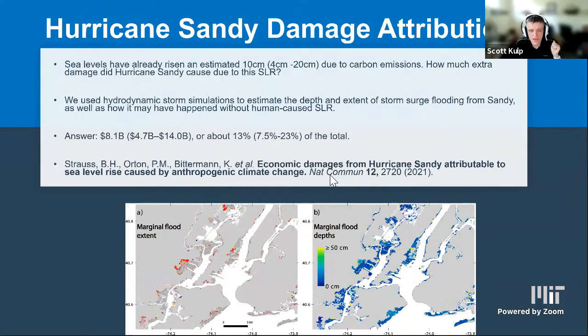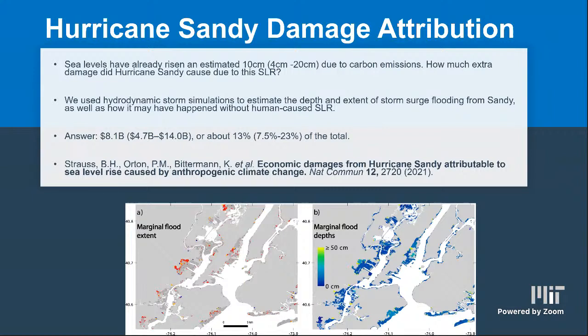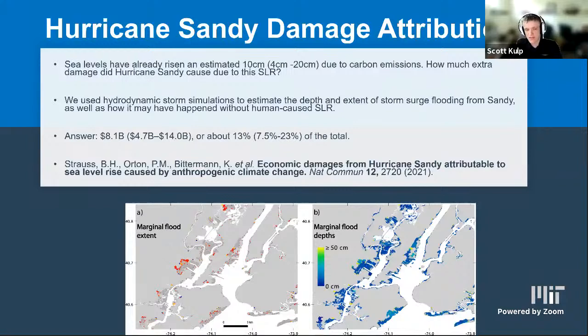Yeah, and just a quick touch on a couple of our other projects, as Kelton mentioned, we just published a paper in Nature Communications. Since the Industrial Revolution, there's already been about 10 centimeters of sea level rise due to human-caused carbon emissions, and we used hydrodynamic simulations to simulate Hurricane Sandy as it happened versus what it could have looked like without that sea level rise.